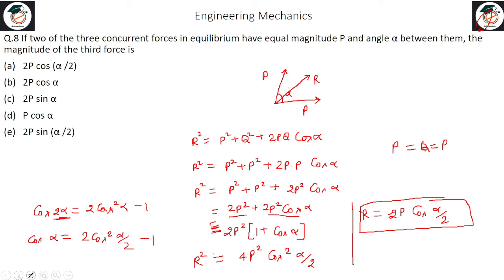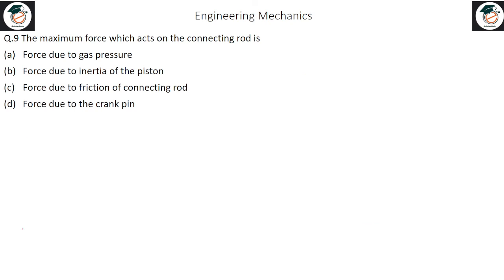Let's move to the next question. The maximum force which acts on the connecting rod is? In this question we need to find the maximum force which acts on a connecting rod.